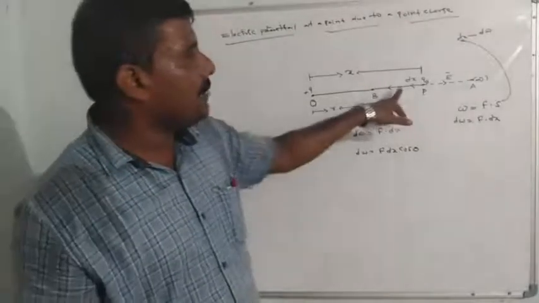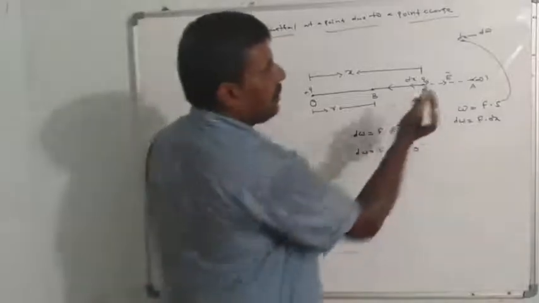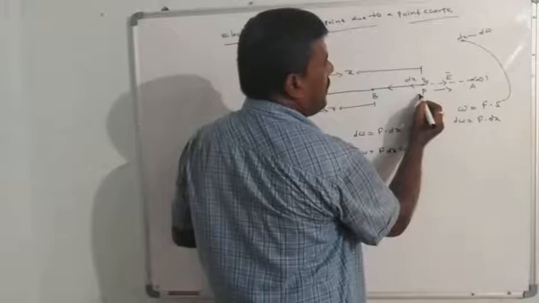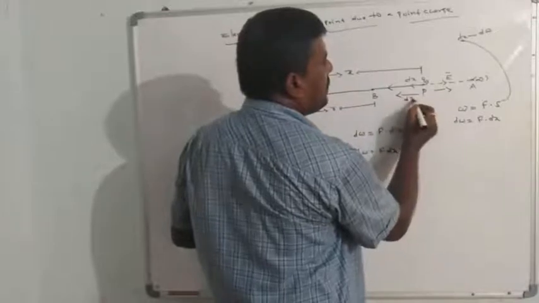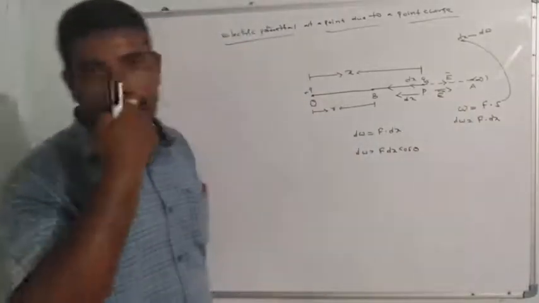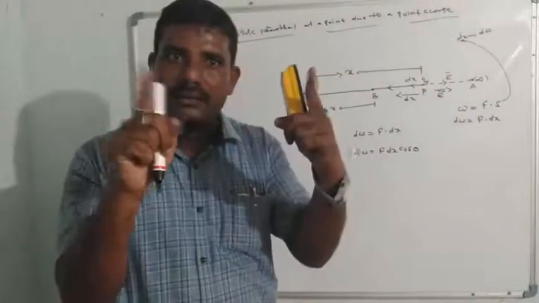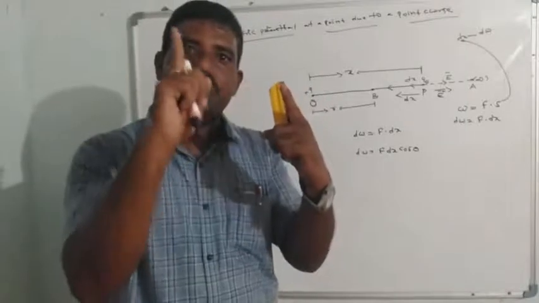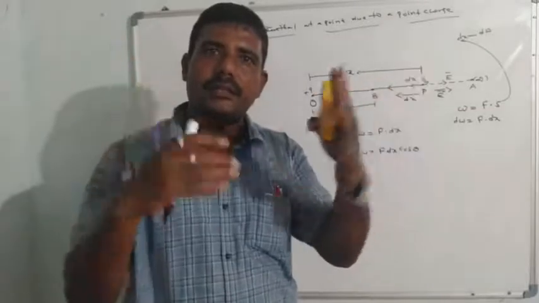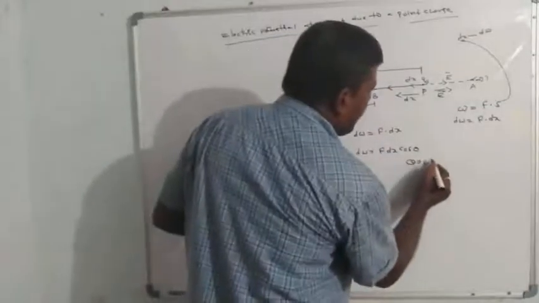Clearly see the figure. The field direction and the displacement direction are opposite to each other. E bar and the dx displacement are opposite. What is the angle between them? The angle is 180.